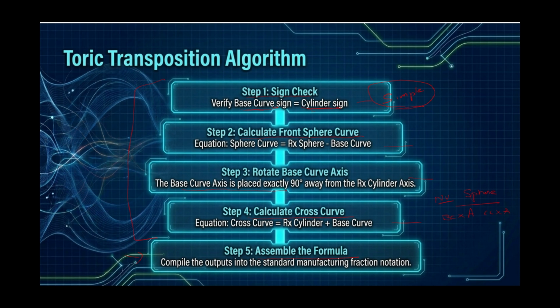Next is to calculate the front sphere surface. Third step is to rotate the base curve axis 90 degrees away from our prescribed cylinder axis. Then calculate the cross curve and finally assemble the formula to get our toric transposition.